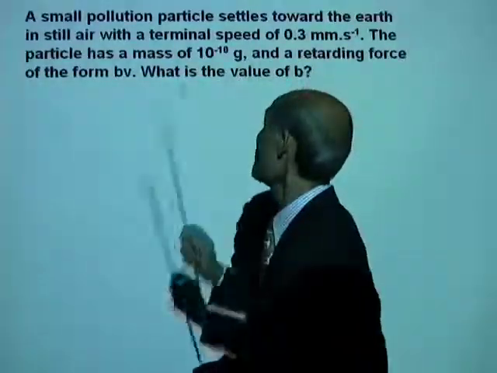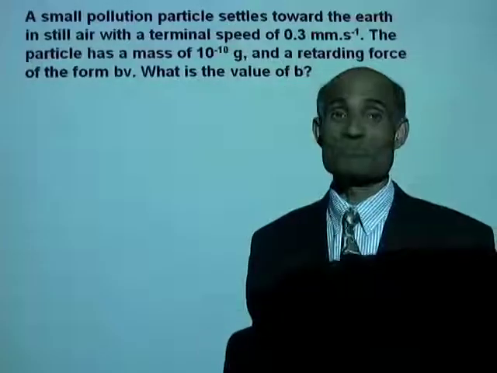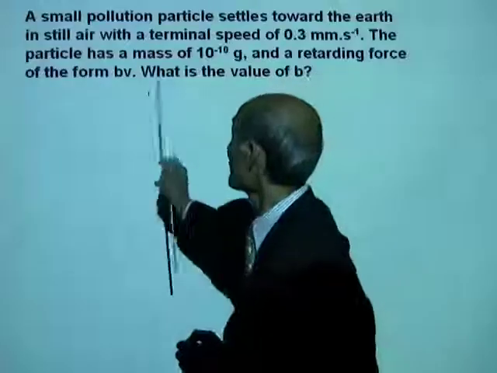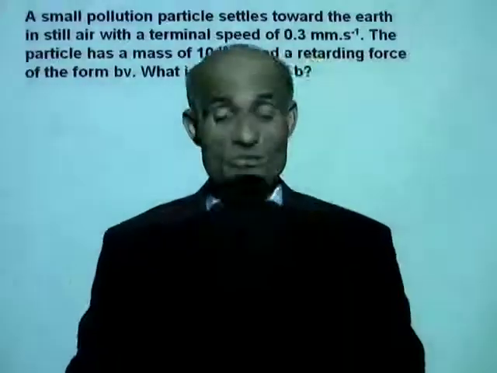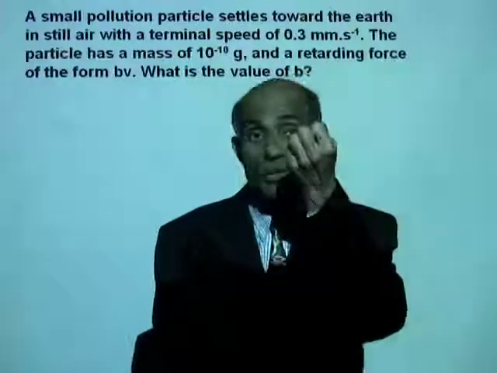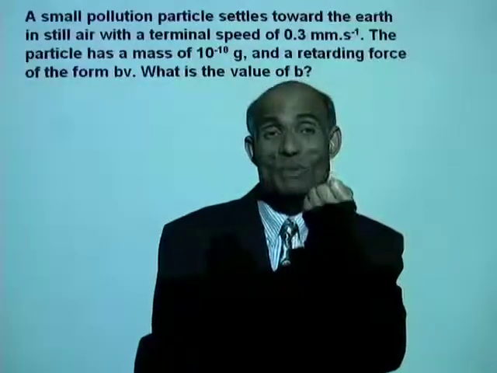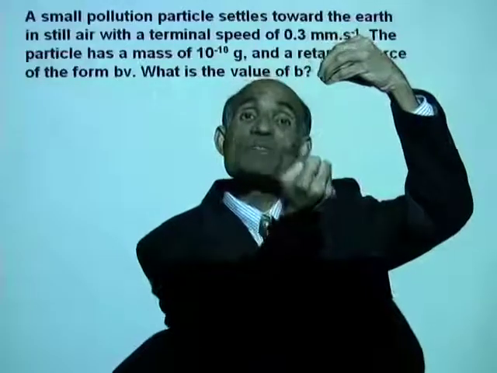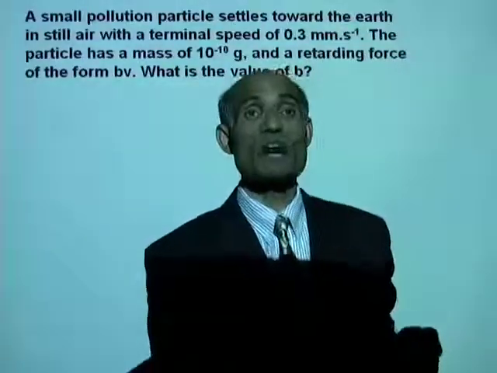What is the value of B? The same problem that we did before. We first find the drag force. How do we find the drag force? Because the pollution particle is moving with the terminal speed, the drag force opposing motion equals the weight of the pollution particle.